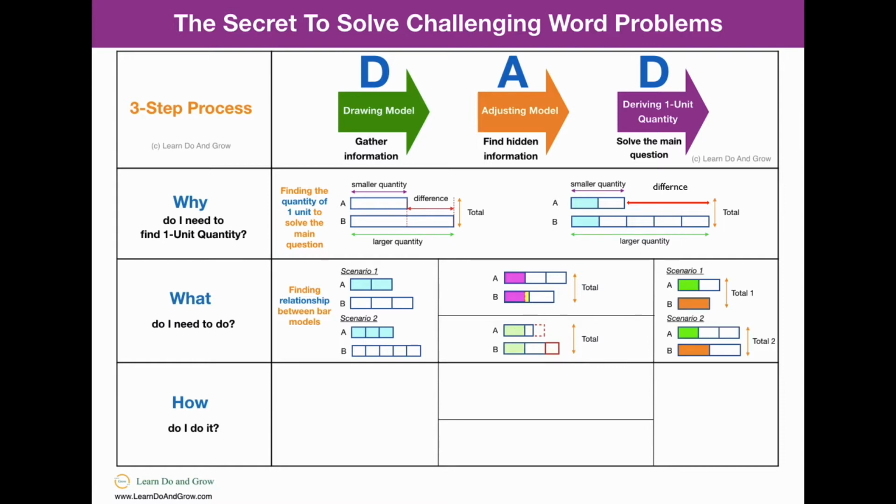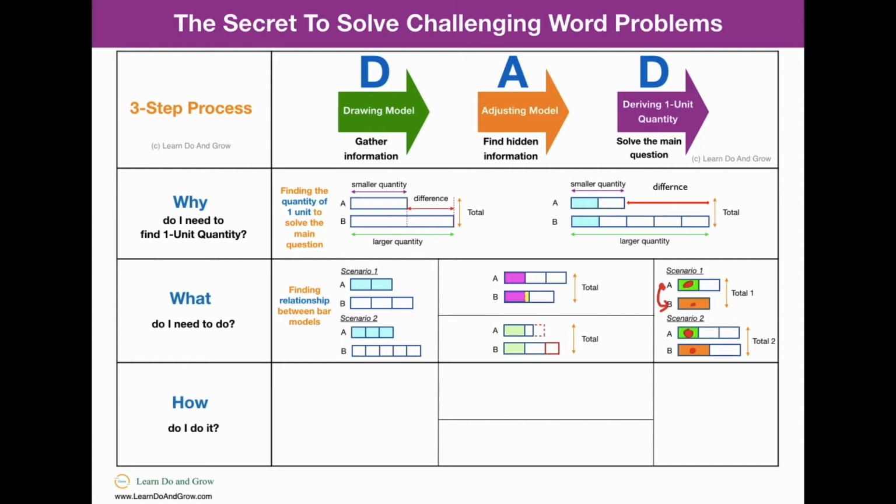And the next one normally is a bit difficult for students to solve because it's not so straightforward. We need to answer the same question over here: what is the relationship between the bar models? If you notice, the unit of A over here is the same, and B and B are the same. But the question does not tell you how A and B are related to each other.